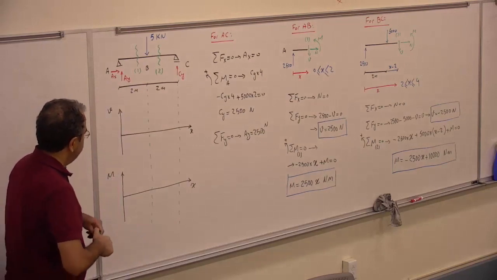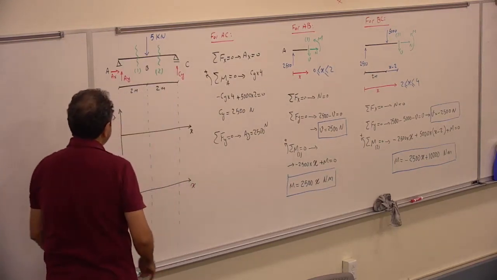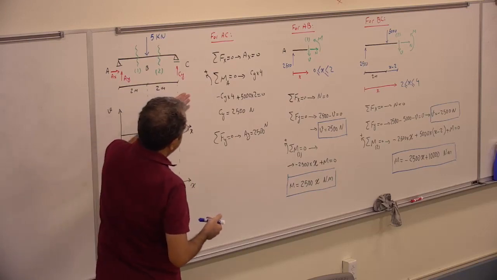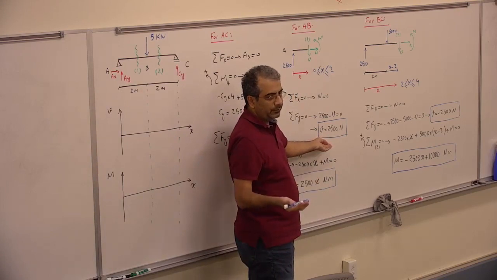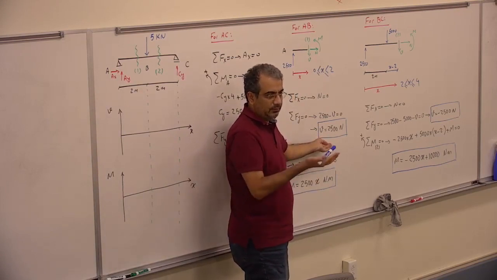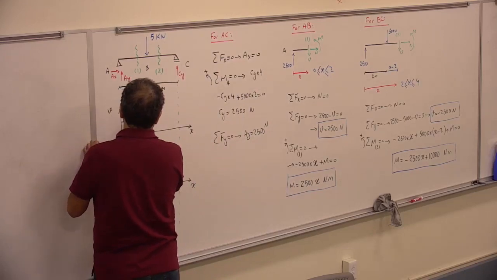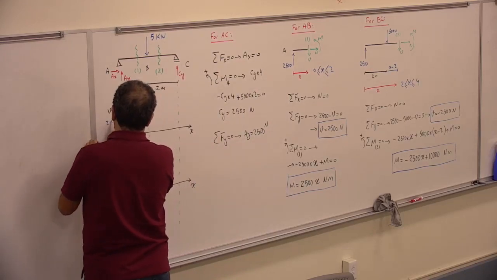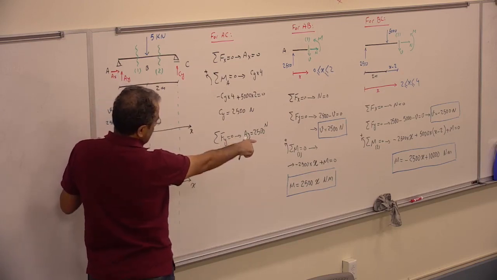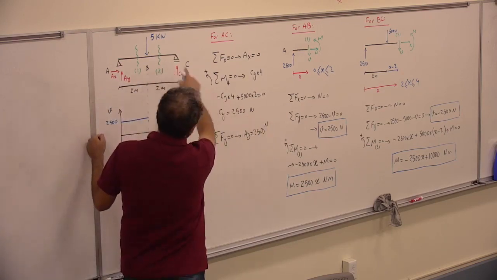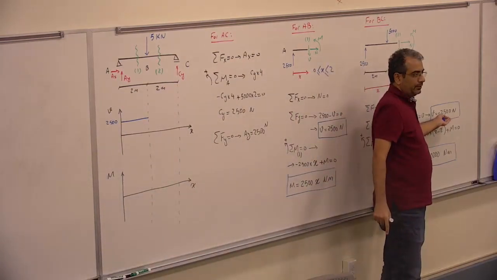So for the V between 0 and 2, the V is 2500 constant. So the V is going to be 2500 constant. When I reach the point B, between the B and C, it becomes negative 2500.